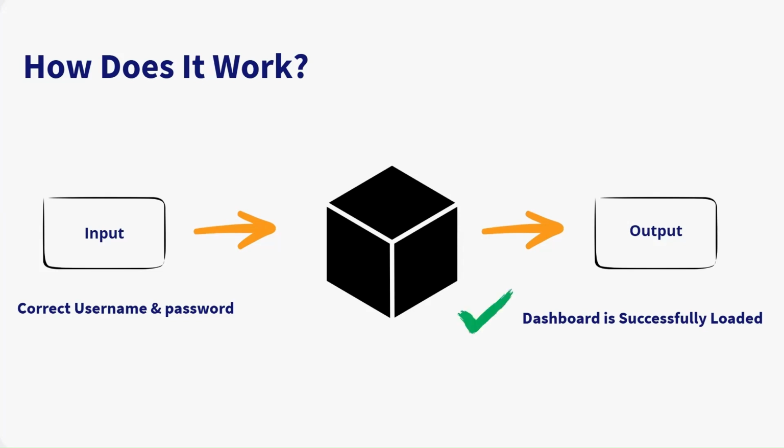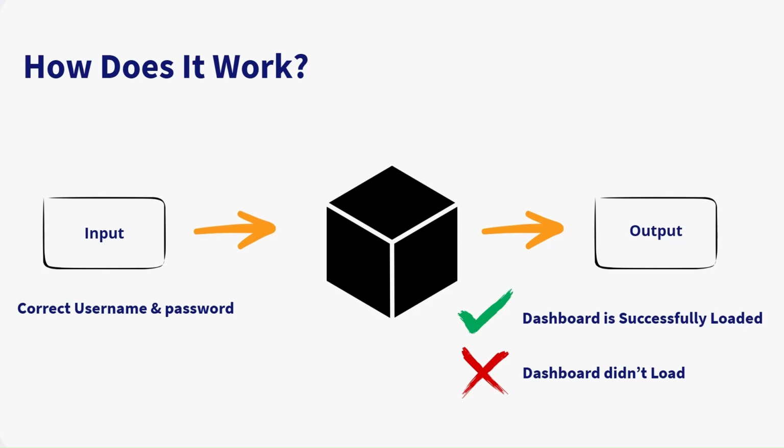Or else, there can be another situation if there's a broken system or the code is broken inside, but we don't know what exactly has happened inside. There can be a situation where for the correct username and password, the dashboard didn't load successfully. In that case, the system has failed. That means the test has failed. So what the tester does here is he just gives the correct credentials and checks the output, whether it has loaded or not. Based on that, the test will be passed or failed.